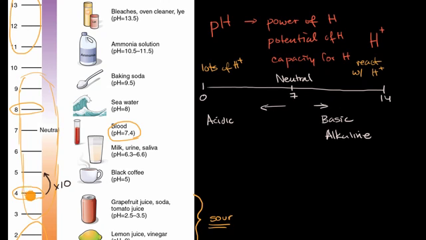And so comparing something with a pH of 4 to a pH of 8, the thing with the pH of 4 would be 10, 100, 1,000, 10,000 times more acidic, or you could say the thing with the pH of 8 is 10, 100, 1,000, 10,000 times more basic.